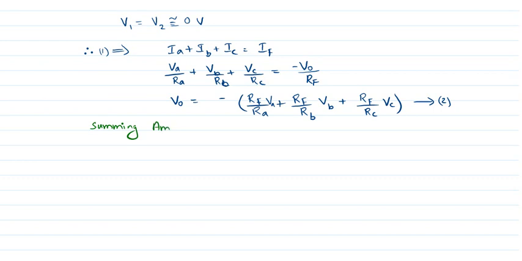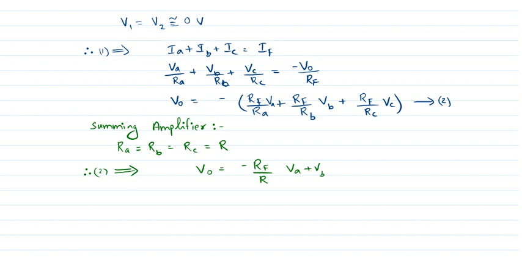In the case of summing amplifier, we can say the values of RA, RB, RC will be equal to R. Then equation 2 becomes V0 equal to minus RF by R times (VA plus VB plus VC). This is equation number 3.